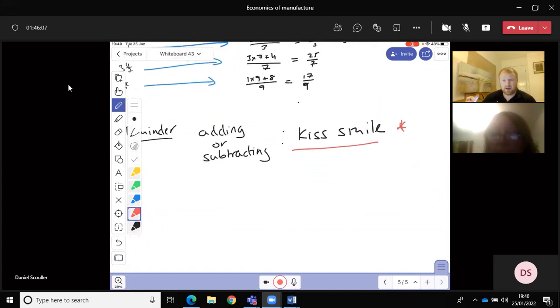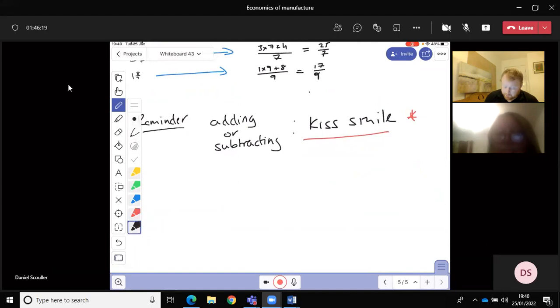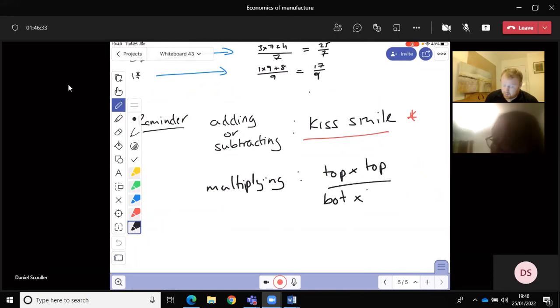So we're following that KISS Smile. So the top multiplies with the bottom, top multiplies with the bottom, and then we multiply the two denominators together, just to pull those fractions together. Multiplying fractions just means top times top, bottom times bottom.